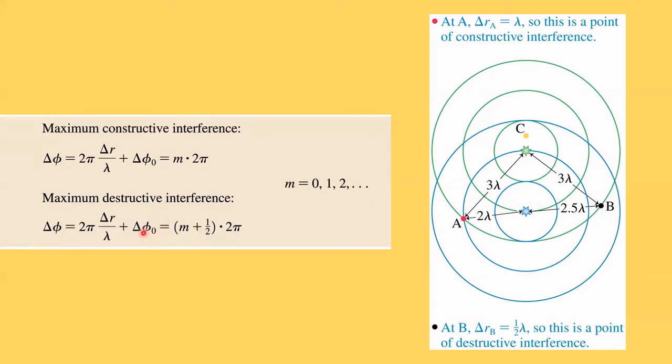It's just 0. And then you could get rid of the 2 pi, solve for delta r, the path length difference, and you would find that the path length difference has to be an odd number of half wavelengths. That means half a wavelength, or 3/2 a wavelength, or 2.5 wavelengths, etc.